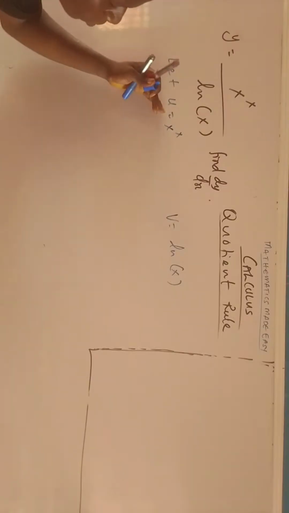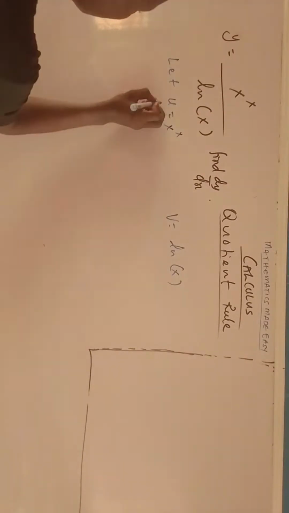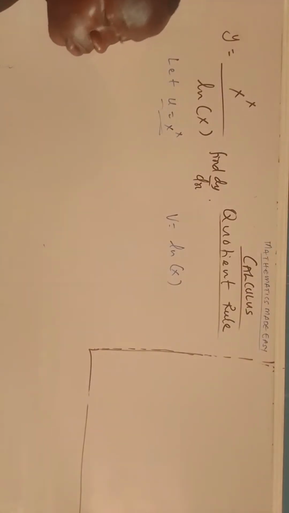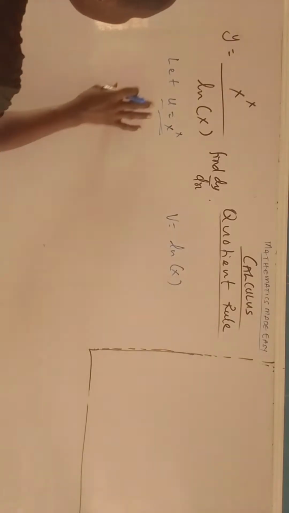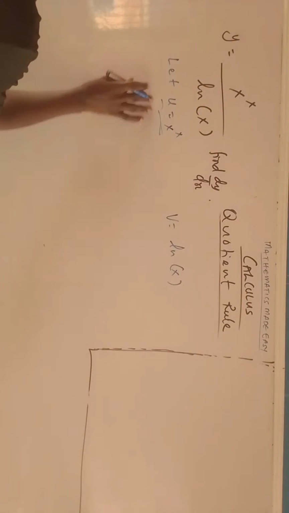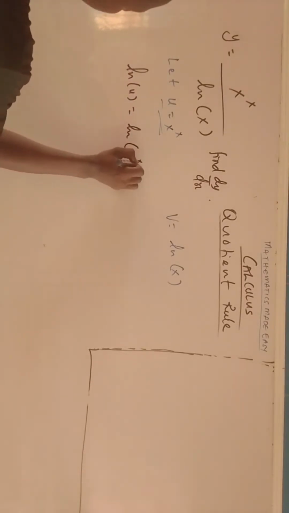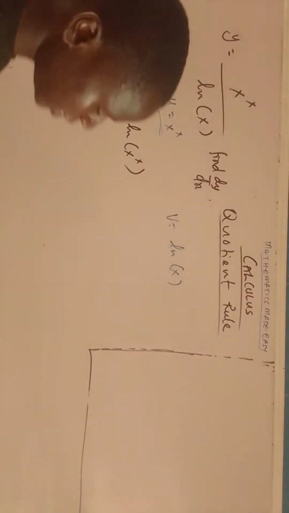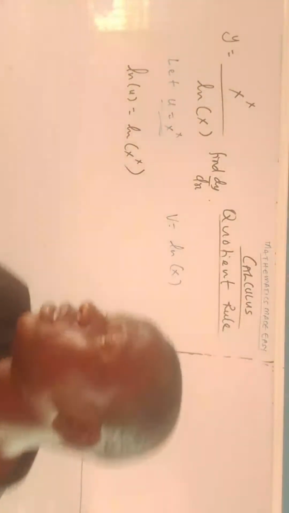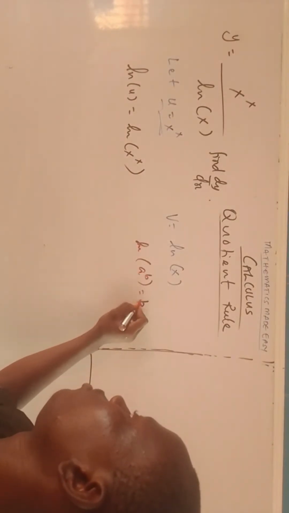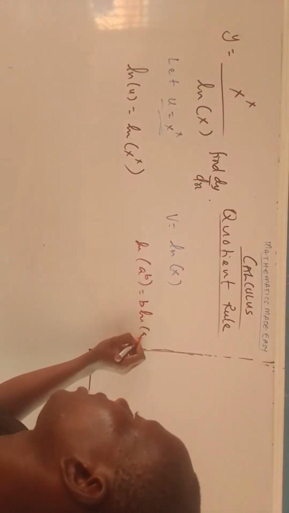So we have u is equal to x raised to the power of x. How are we going to find the derivative of this particular function? If you are the kind of person that follows me very well, the first thing you are going to do is take the natural log of both sides. So we have natural log of u is equal to natural log of x raised to the power of x. According to the law of logarithm, if you have natural log of a raised to the power of b, this will give us b multiplied by natural log of a.